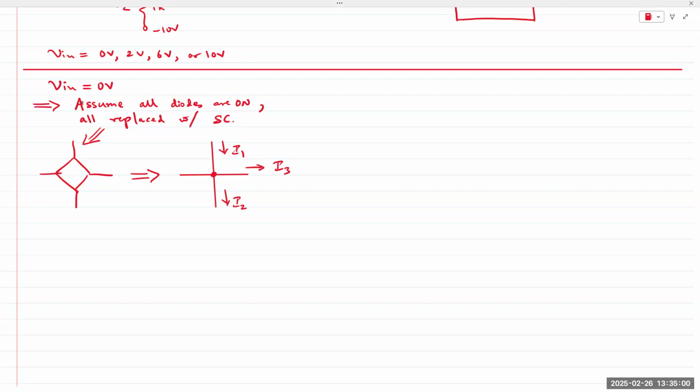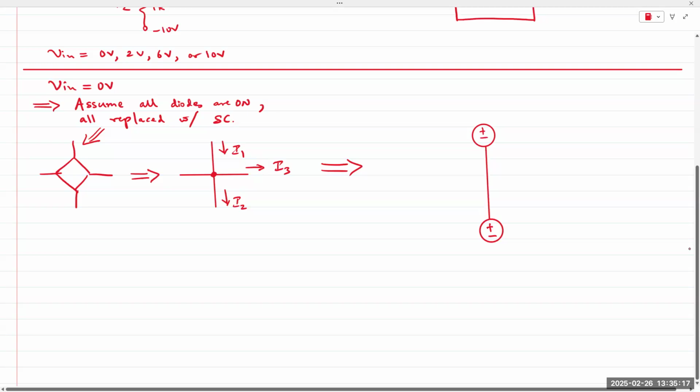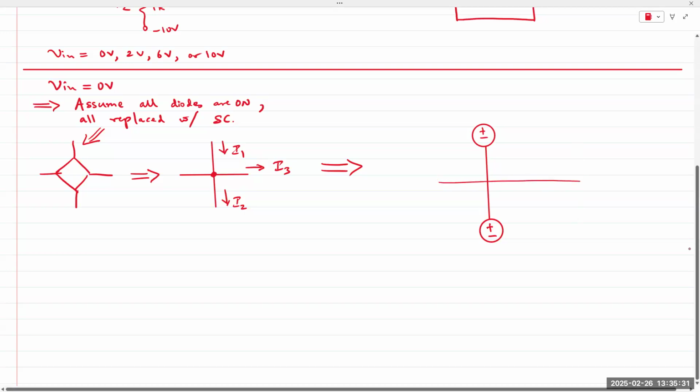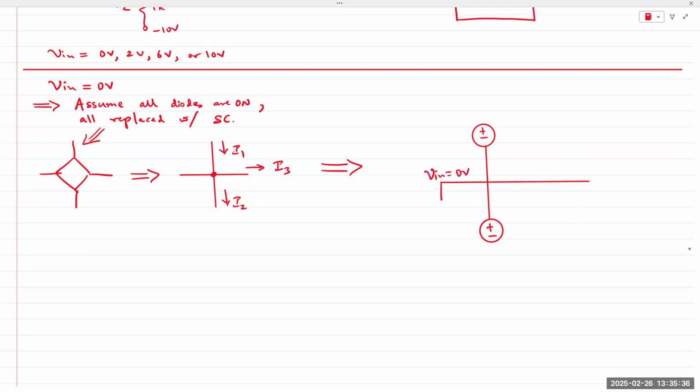So if I redraw the circuit with this in mind, it should look something like this. V in is equal to 0 volts, meaning that's connected to ground.